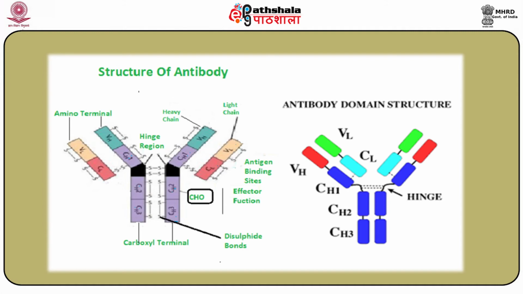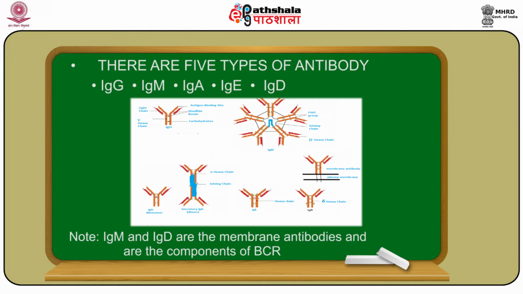In membrane antibody, there are three components of the carboxyl terminal, that is 26 amino acid hydrophilic spacer sequence, hydrophobic transmembrane sequence and a short cytoplasmic tail.